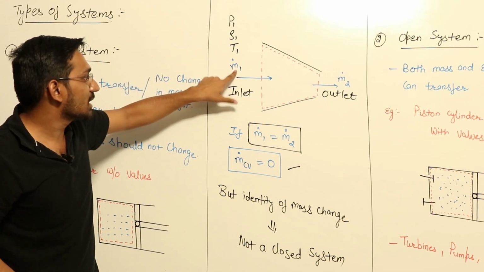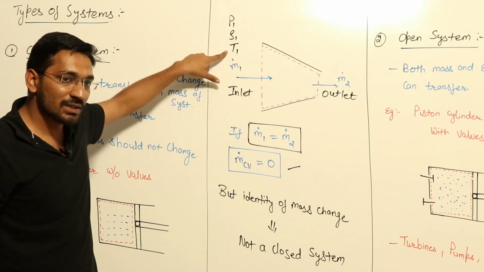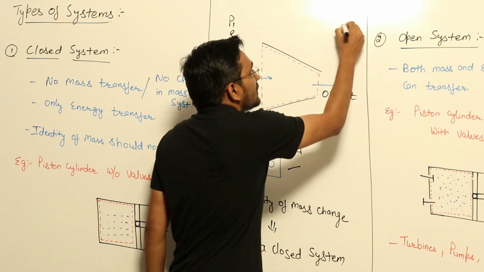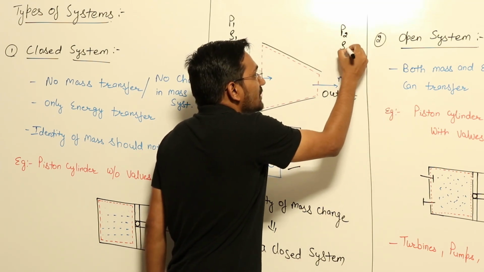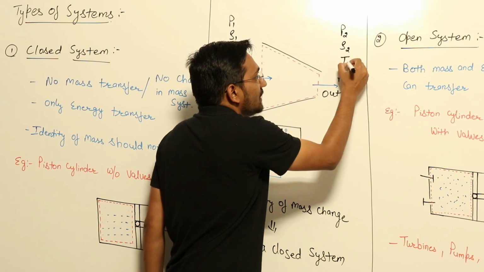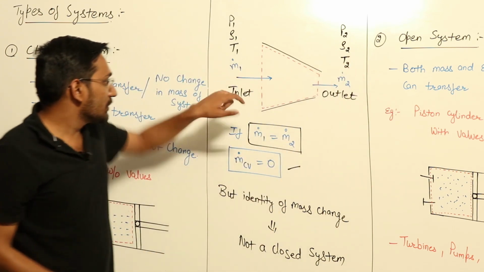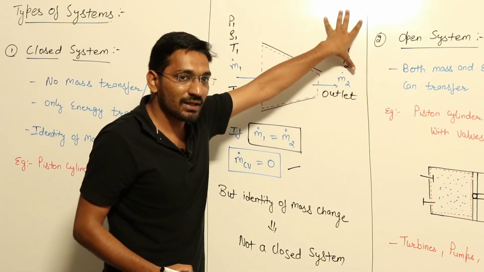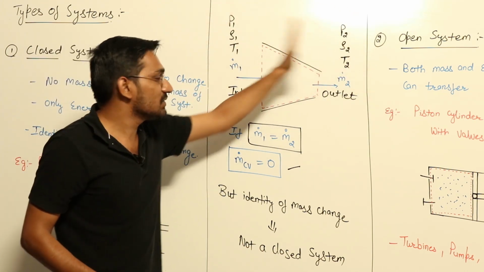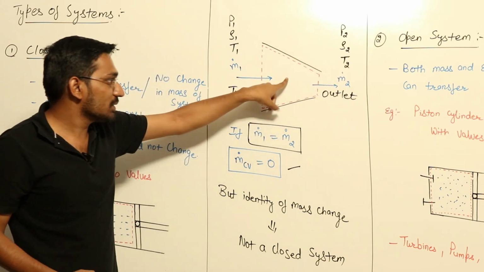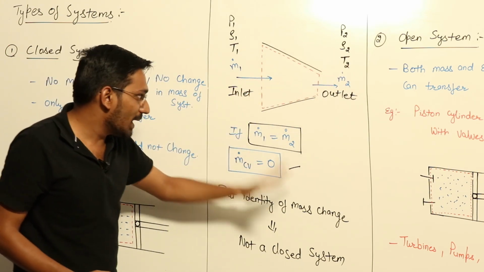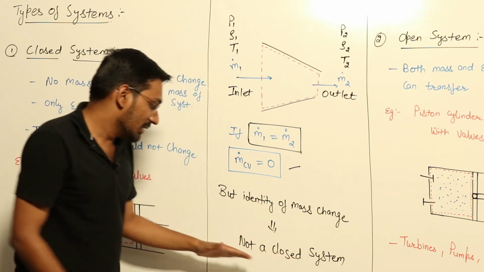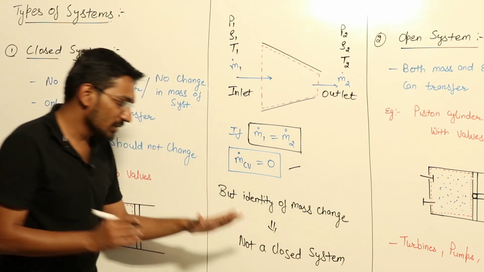So this mass is coming in with pressure P1, temperature T1, and when the mass is going out of the system, suppose its pressure changes to P2, density changes to ρ2, and temperature changes to T2. So this mass is coming in with this identity, this mass is going out with this identity. So the identity of the mass changes. Net change of mass of this control volume will be 0, but the identity of mass changes, and if the identity of mass changes, then we can say it is not a closed system.